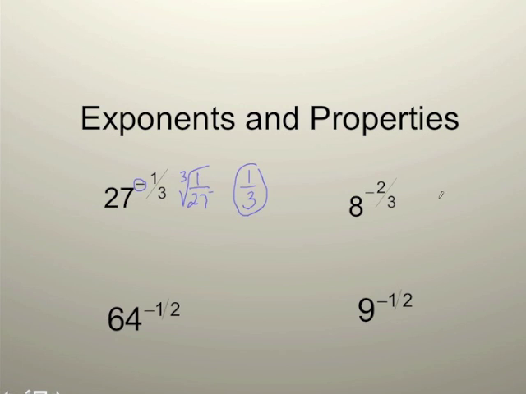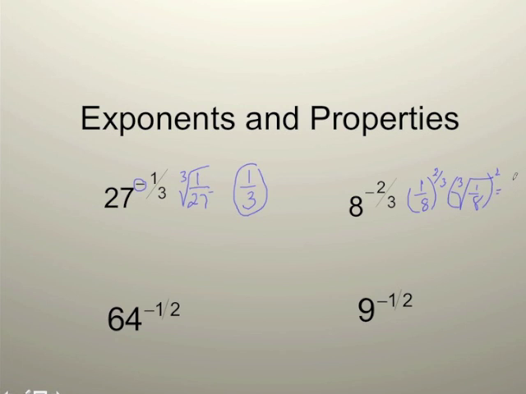8 to the negative 2/3, well, I'll take the reciprocal, 1/8 to the 2/3, or the cube root of 1/8 squared.